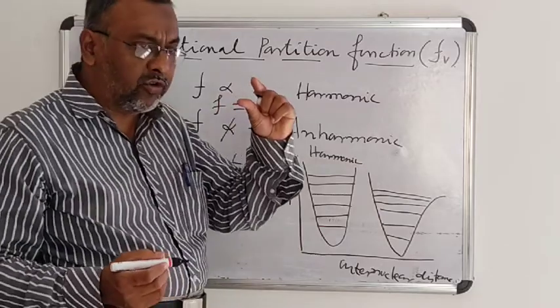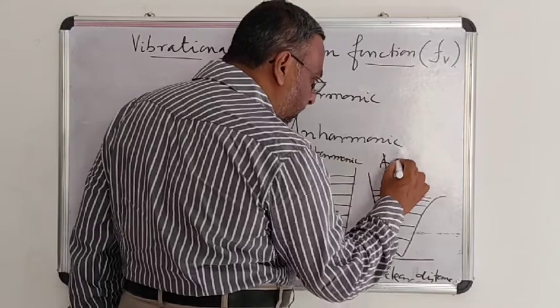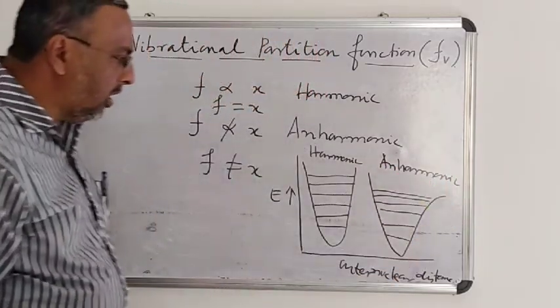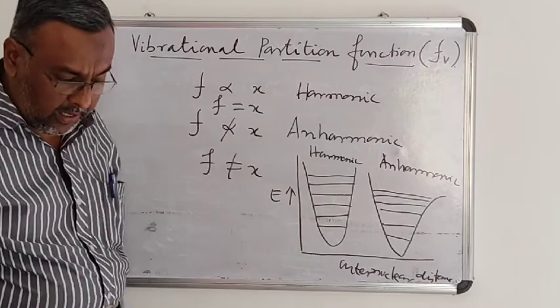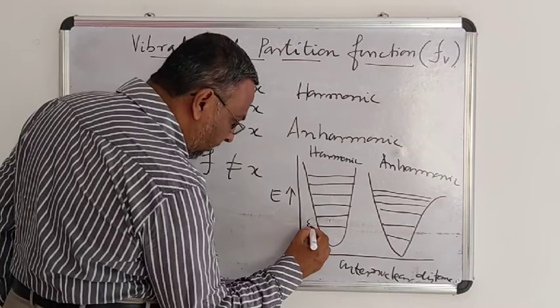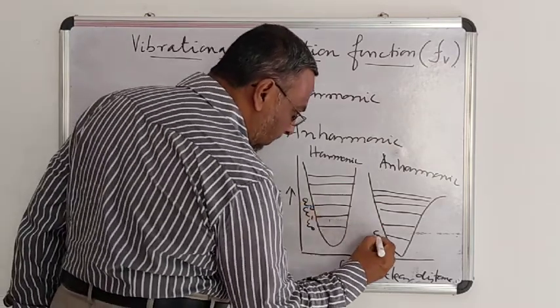The distance between two energy levels is not the same in anharmonic motion. This is the anharmonic curve, this is the normal parabolic curve, and these are the vibrational energy levels.